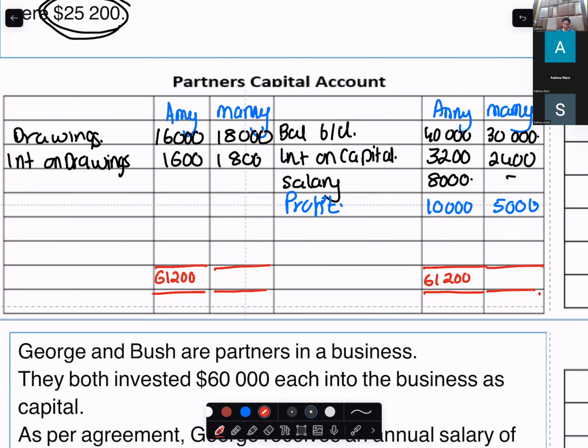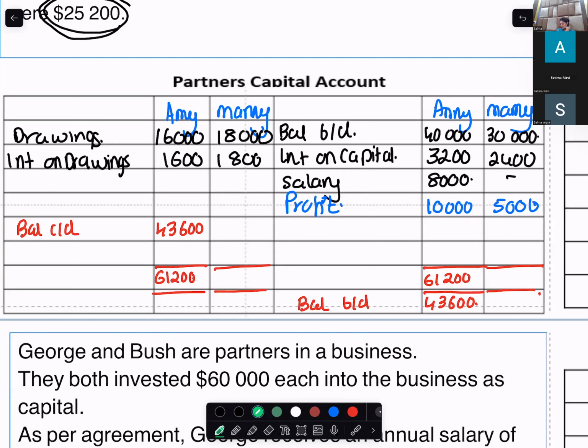And debit is minus 37,400, minus 1,600. So you will have balance closed down. Balance close down will be 43,600, and the same will be balance brought down 43,600.